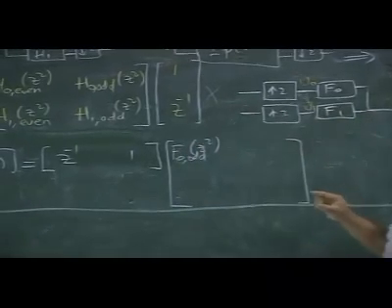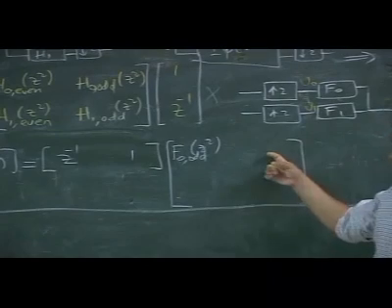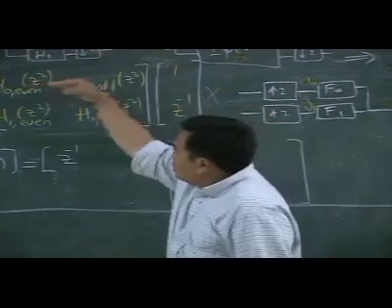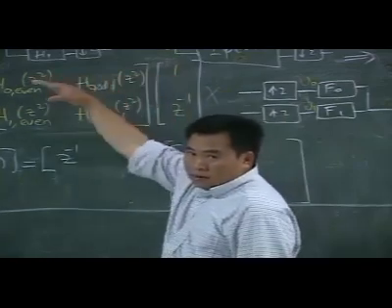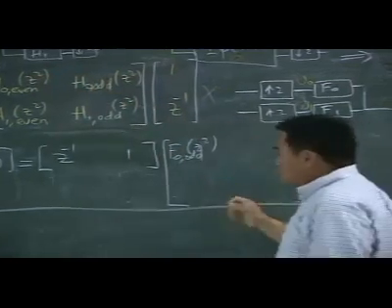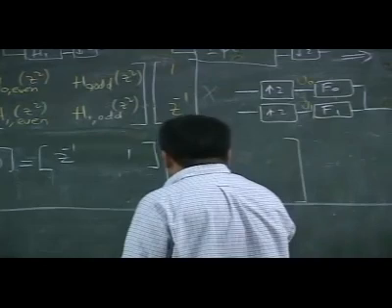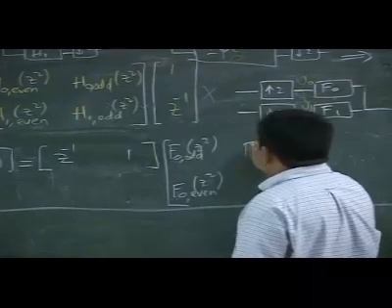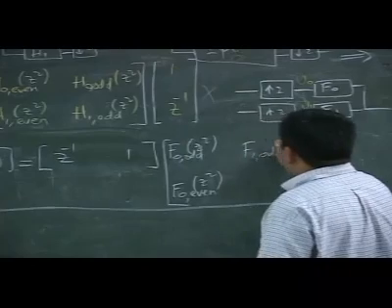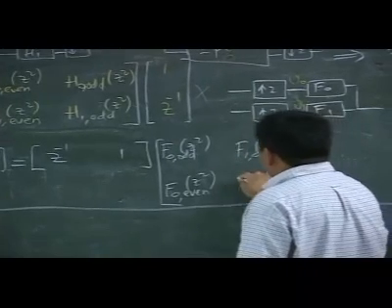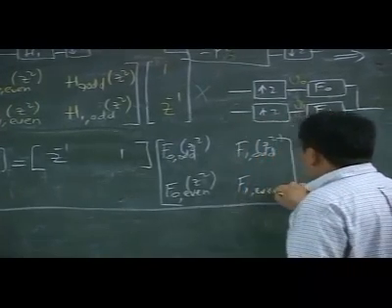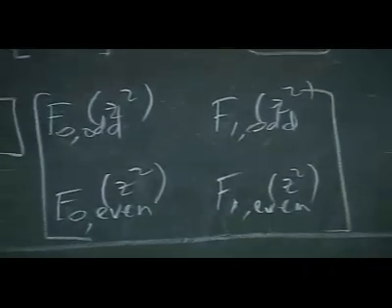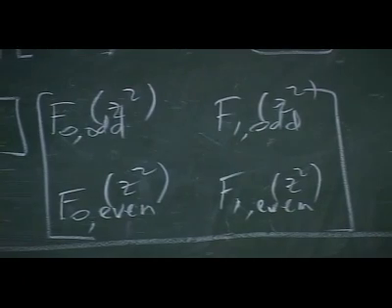And why is F not even bottom? Here or there? There. So instead of a row, right now you have a column. So you have F0 even, z squared, and here is F1 even.